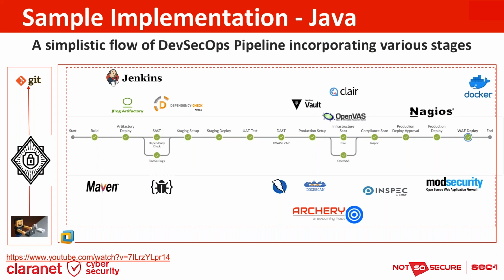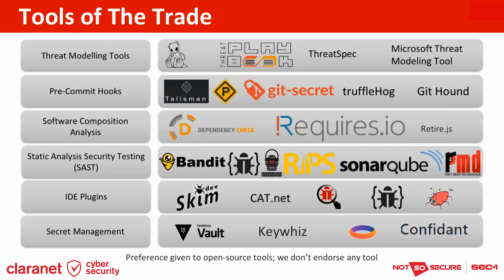This is an on-prem solution where we are only using open source software. That's not the only tool that can be used; there is a large number of tools available. We've tried to give you a list of open source tools here. The idea was not to endorse any commercial tool, but just to keep open source tools here.